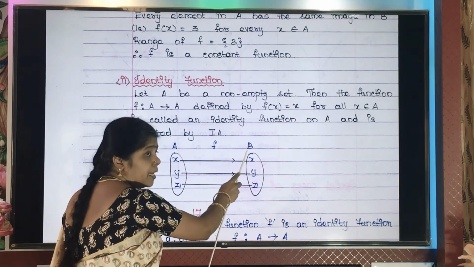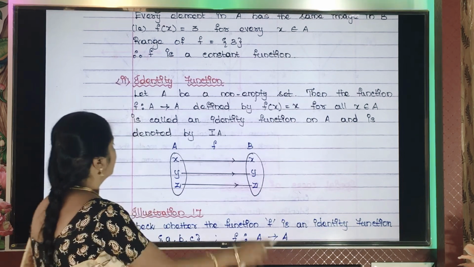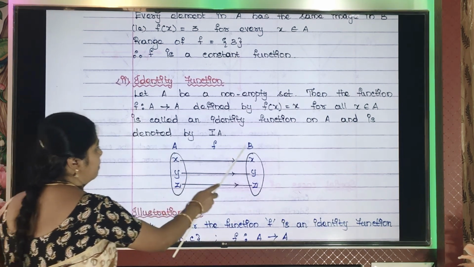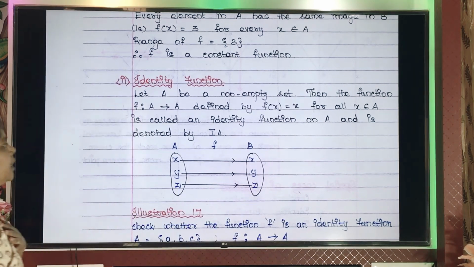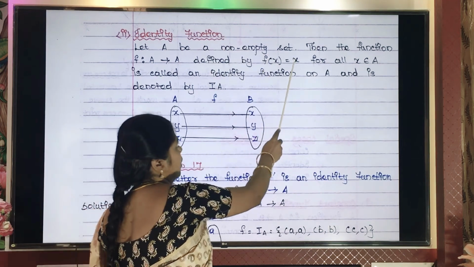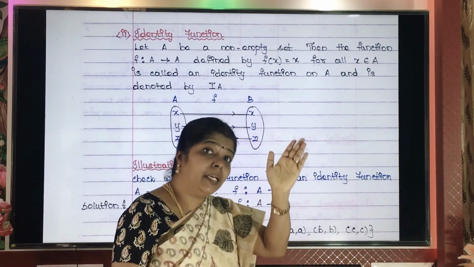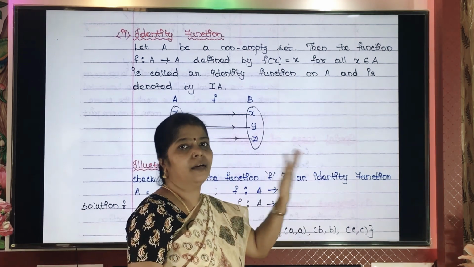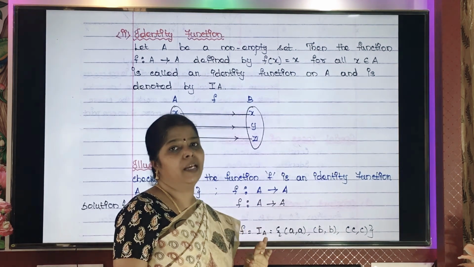Please understand that this is A. So see here, x is getting mapped to x, y to y, z to z. Therefore every element f of x equal to x. An identity function is where each element has its own element as the image. The elements will have their own image.